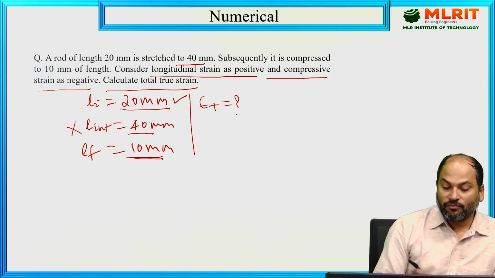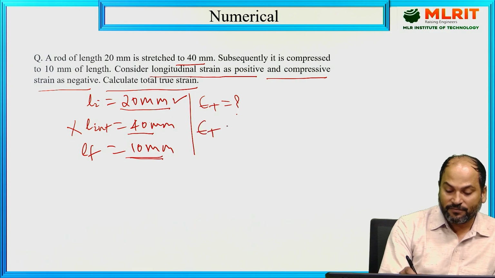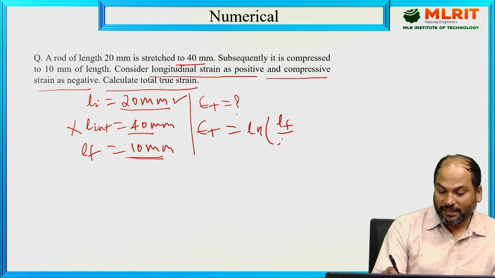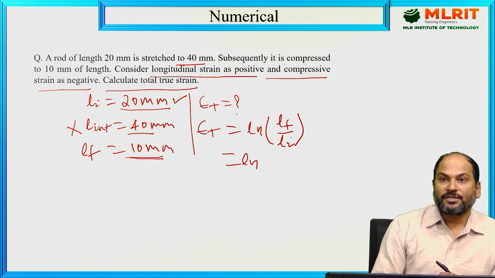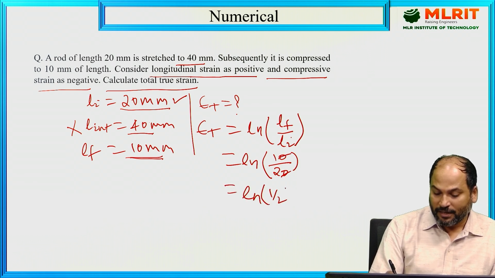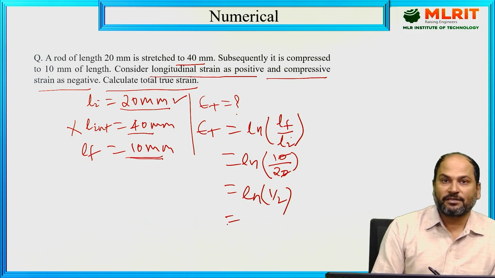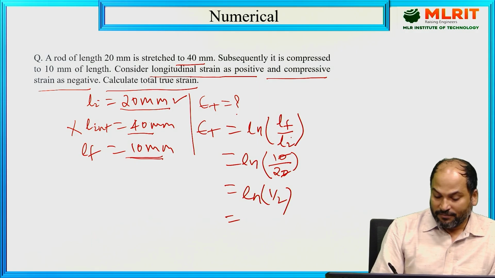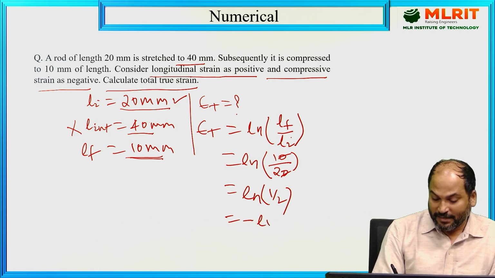So what is the formula for the true strain? The true strain formula is ln of final length upon initial length. Ln means natural logarithm. What is the final length? That is given as 10 mm, and the initial is given as 20 mm. So the units cancel out, and simply this will be ln of half. What is the value of ln half? It will come negative, so we can write minus ln 2.